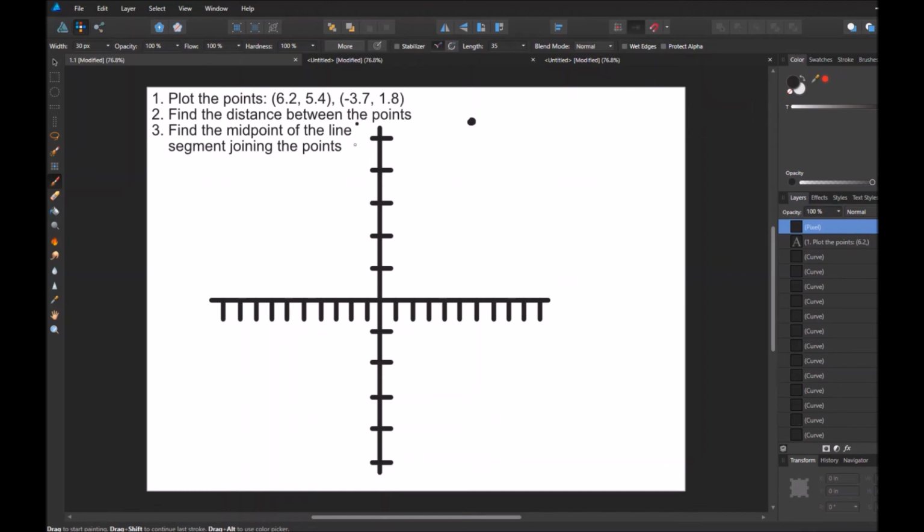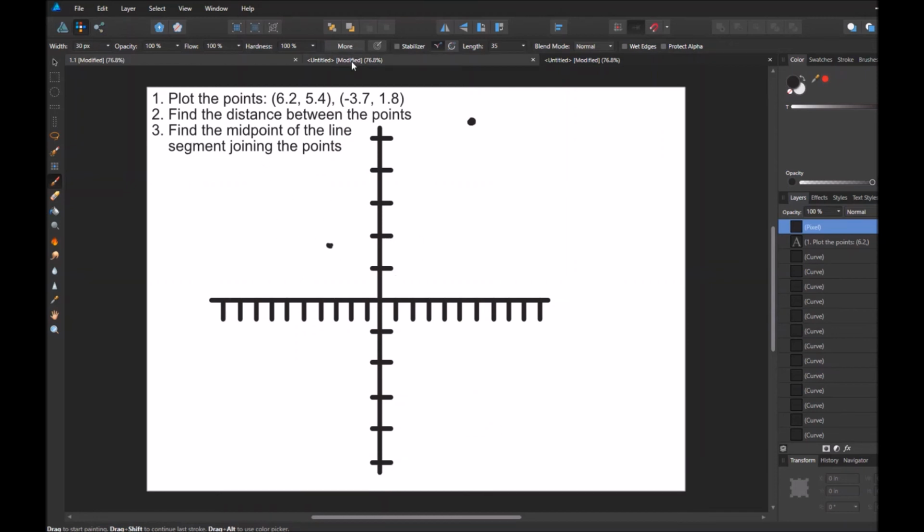And then our next point is -3.7, 1.8. So we go to the left of the origin, 3.7 units, so 3, and then we go almost to 4, but not quite, and then up 1.8, which would be very close to 2, but just below it. So those are our points there.